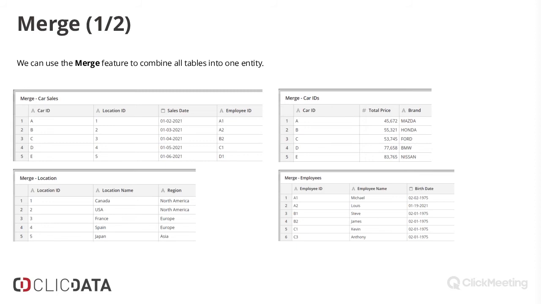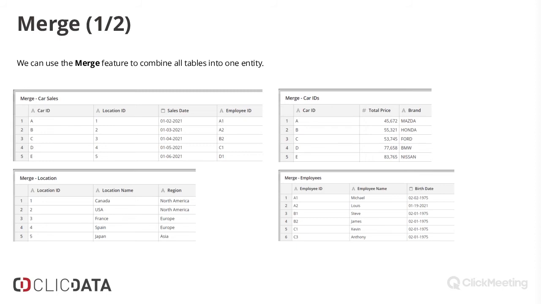Starting with the merge, my example here is I have 4 tables. The top left table contains the car sales, so each transaction. As you can see here, I do have a car ID, a location ID, a sales day of when that car was sold, and the employee ID. However, because they're IDs, there is a lot of missing information which is contained in other tables.